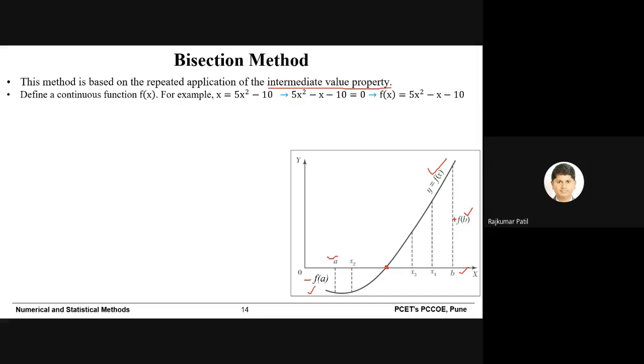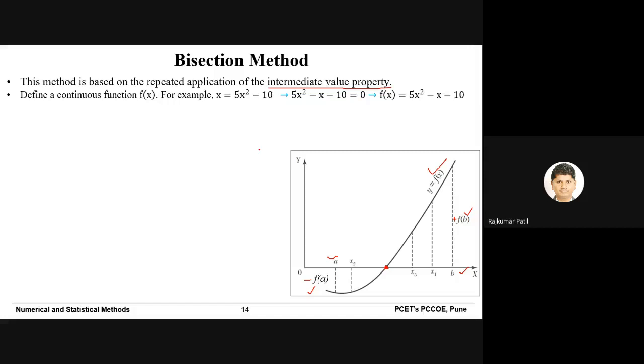So this graph you need to use for your understanding, but while understanding the steps involved in this method, always try to understand that there is no figure in front of you and still you need to find the root of the equation. This is a very important disclaimer I made at the beginning.